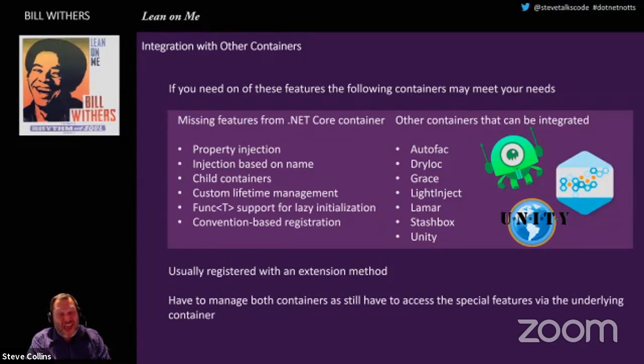So it's only really if you desperately need those additional features, I would say use those containers. When I first started with .NET Core, I'd been using Autofac and I just thought, well, I'm just going to automatically wire Autofac in. And then after a couple of projects, realized I don't actually need Autofac. The default container does pretty much everything I need it to do.